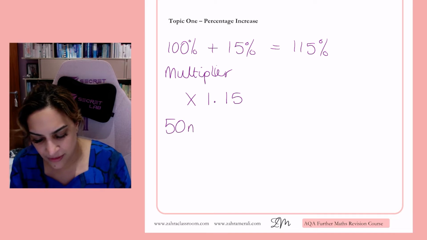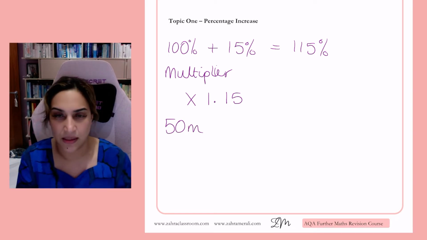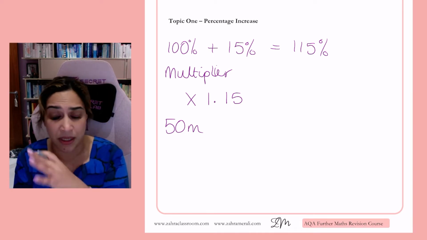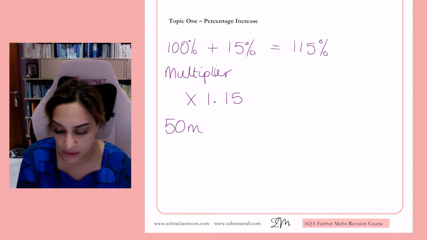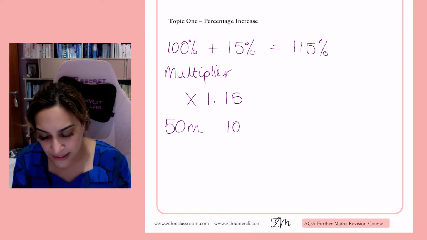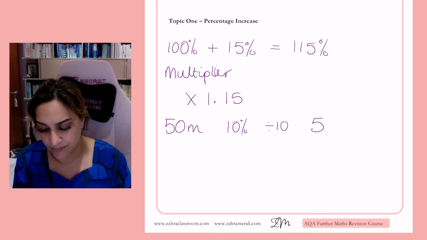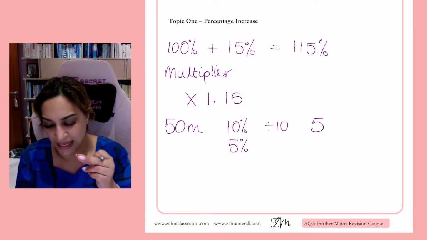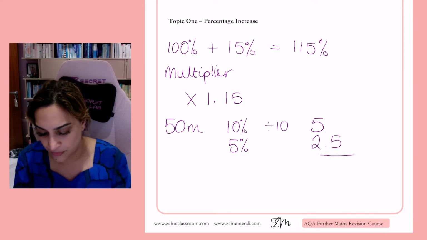Let's take a practical example. If we've got 50 meters and we want to increase it by 15%, we could think about it in two ways. It's non-calculator, and remember, from GCSE, if you want to find 10% of anything, you divide by 10. So 10% of 50 would be 5. 5% would be taking that 10% and dividing it by 2, so 2.5.